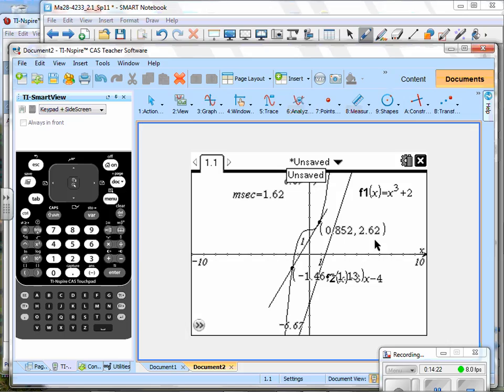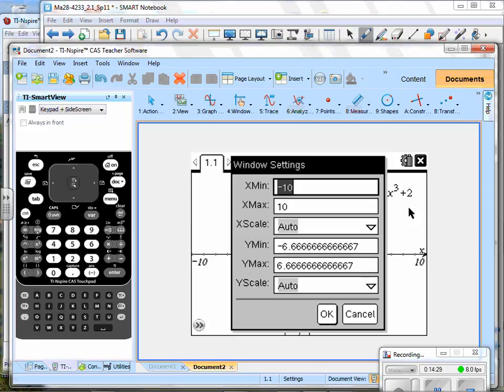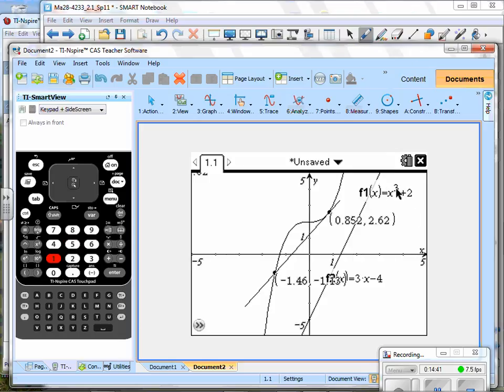Okay, so as I bring this closer and closer, and let me just do one window here, make sure I can get a better window on this. There's that point. There's the equation of our line and so forth.